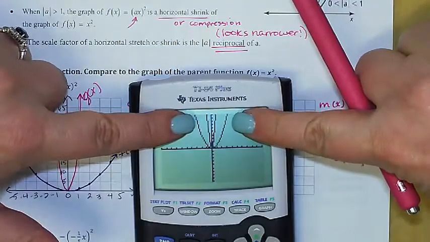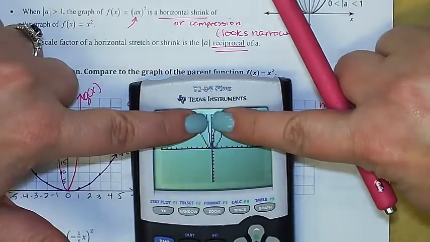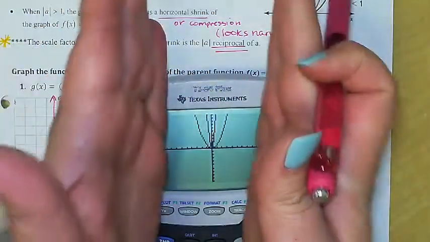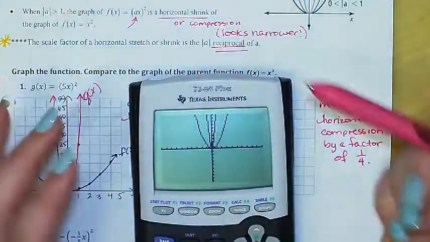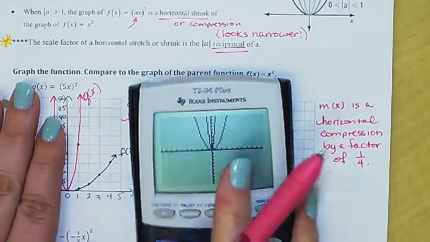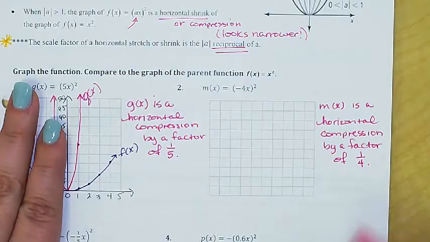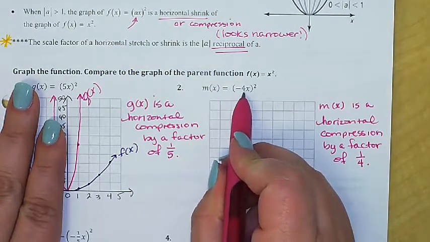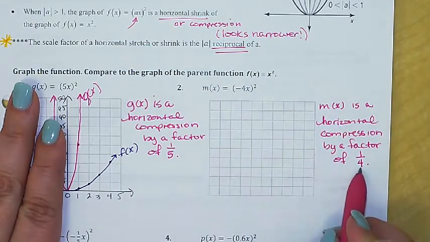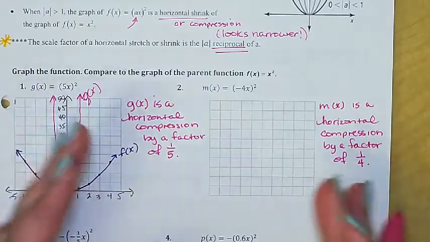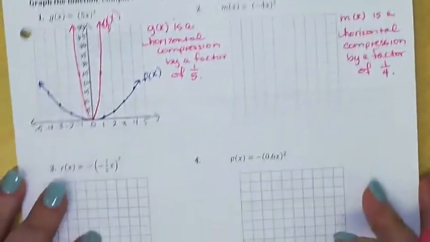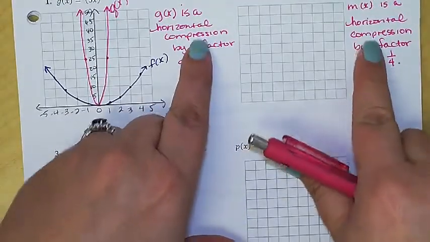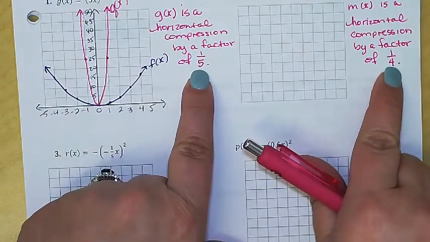So I would consider that a horizontal compression, kind of grabbing it from the sides and pushing in. And that's how you would get that steeper, more narrow looking graph. But then the other thing is take that absolute value of a and use the reciprocal as your compression factor. In other words, compressions should always have a smaller factor.